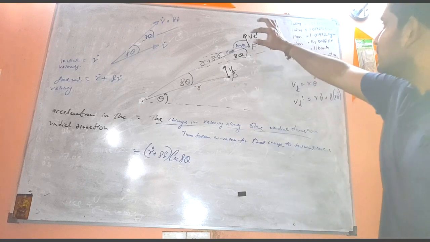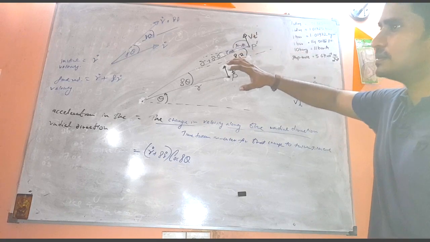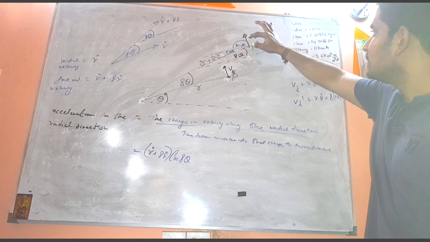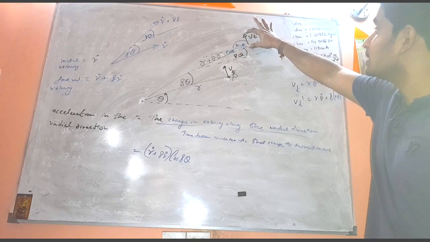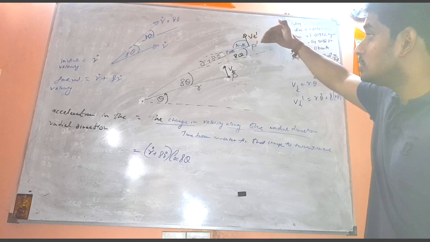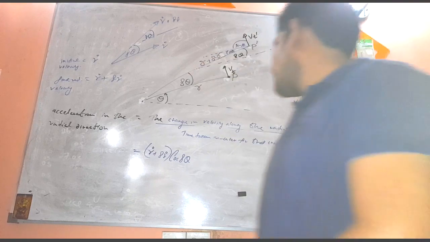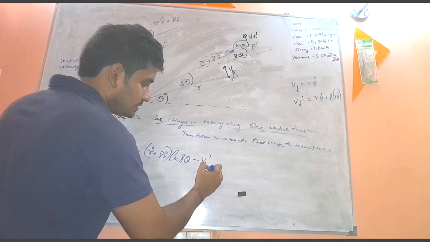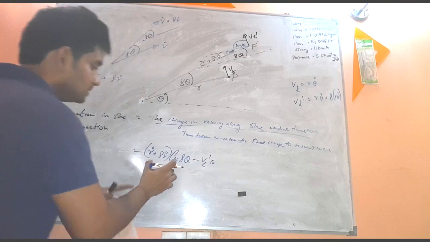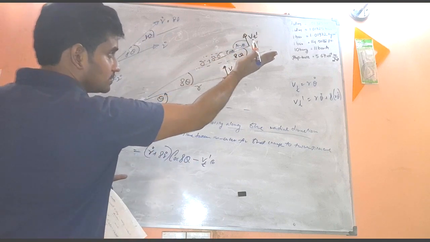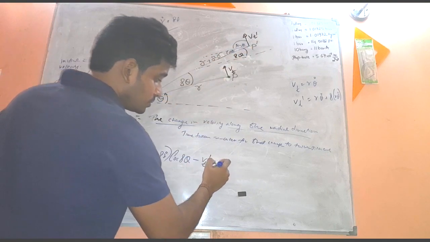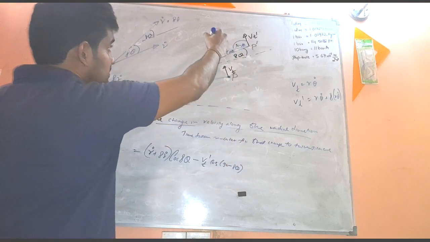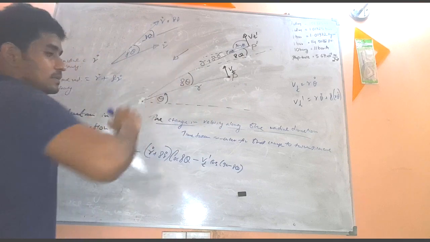So now we can take the effect due to this component also. So that will be Vt dash cos 90 minus delta theta, but along the opposite direction, right? So minus Vt dash, because why? This is along this direction, and this Vt dash cos 90 minus delta theta is along the opposite direction. That means over here, directed to here, right? Okay.